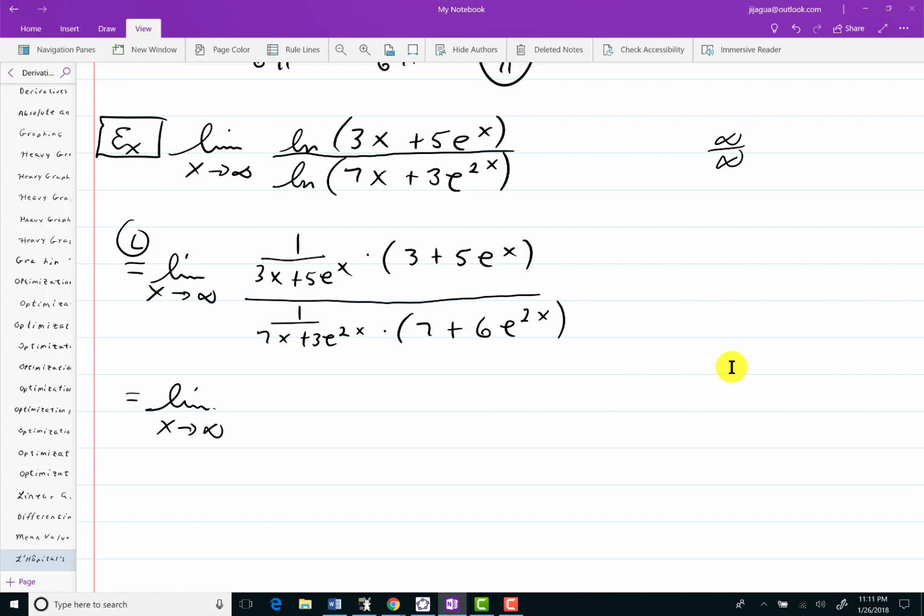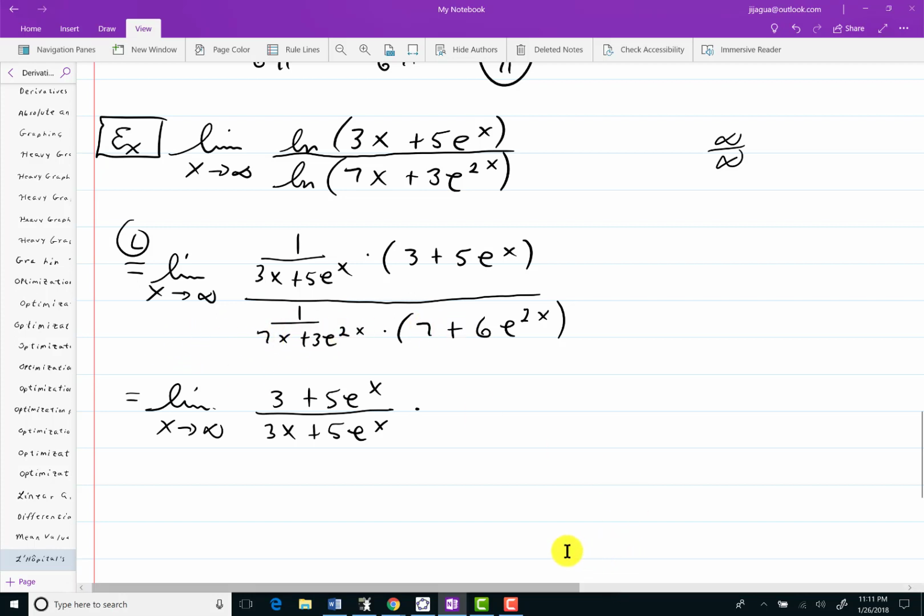So I'm going to get 3 plus 5e to the x over 3x plus 5e to the x times, now that this will be in the numerator when I flip this fraction here, so I'll get 7x plus 3e to the 2x divided by 7 plus 6e to the 2x.